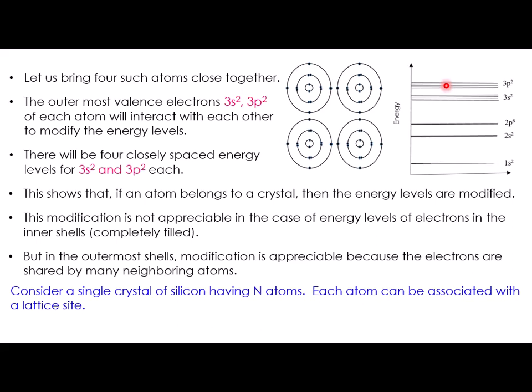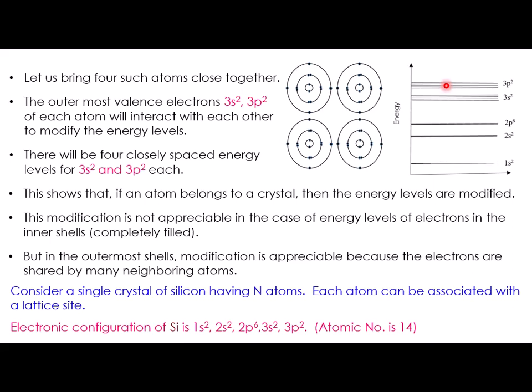Now, each atom sits on a lattice point, and the electronic configuration of silicon is the same as in the example we had taken, because the atomic number is 14. The electronic configuration of silicon is 1s2, 2s2, 2p6, 3s2, 3p2. For this silicon crystal having n number of atoms, let us draw the energy levels versus interatomic separation.